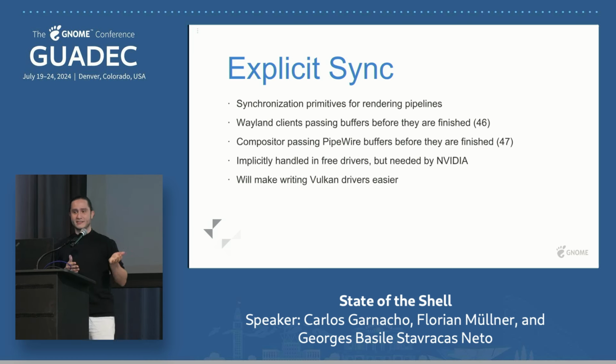So again, even though it is heavily associated with NVIDIA, because this is required to make GNOME Shell and the compositor and everything work flicker-free on NVIDIA, it is going to benefit other parts of the stack. It is pretty interesting on its own merits. And to me personally, what makes it super exciting is that it's going to help with a Vulkan transition, which is not something that we have on the table, but Vulkan, the API, exposes this in one way or another.